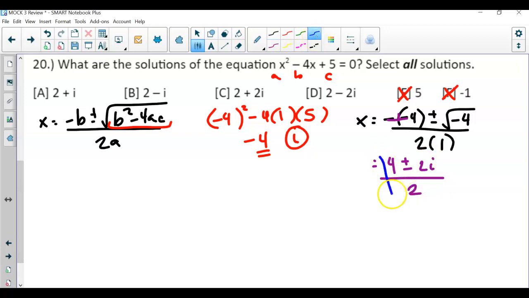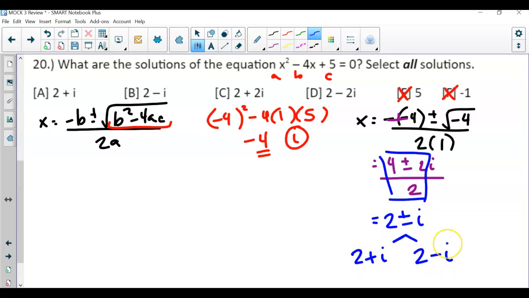Then notice I can divide. So here I've got 4 divided by 2, which is 2, plus or minus i. So if I wanted to see what my answers are, that is the same as 2 plus i and 2 minus i. So that's why here the answers are both A and B.